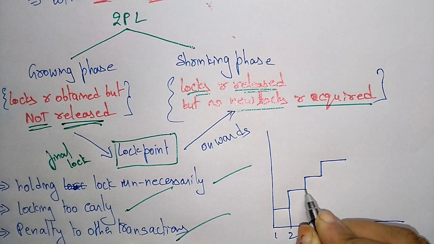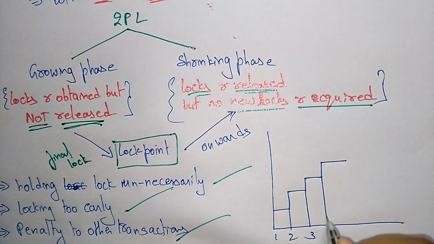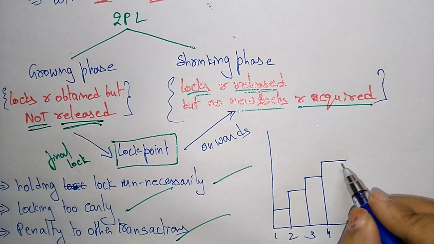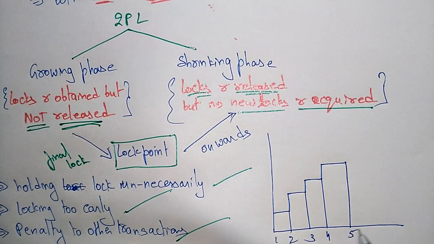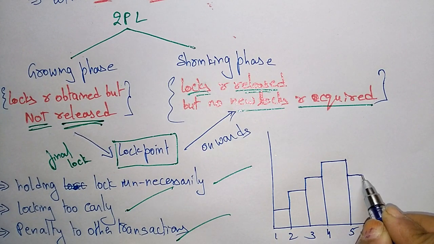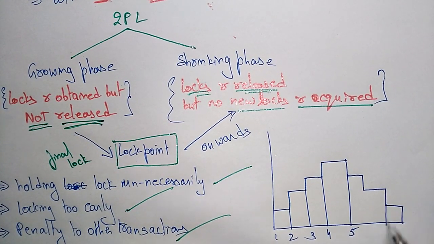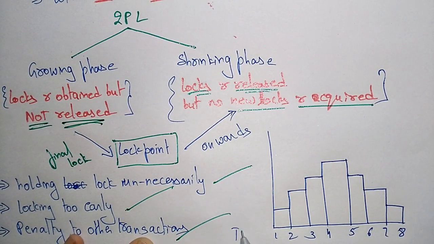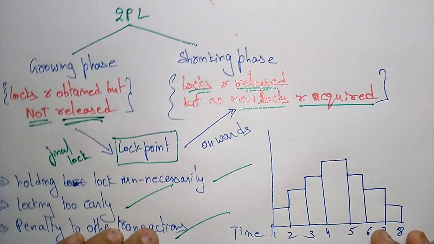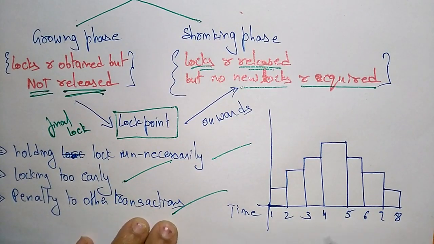So 1, 2, 3, 4, and this is 5. Now it is shrinking. 6, 7, 8. So this is time.